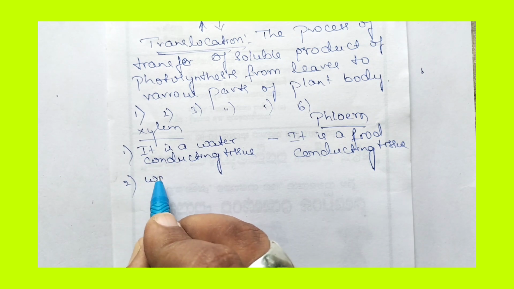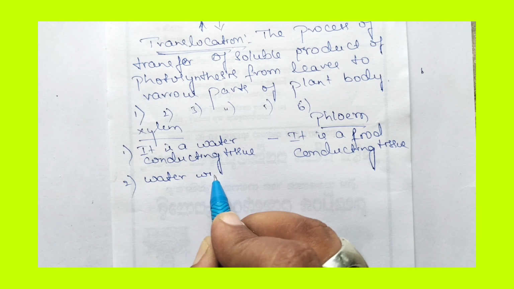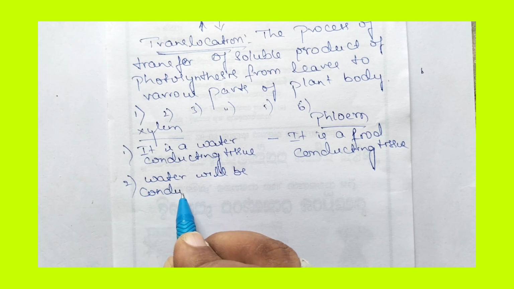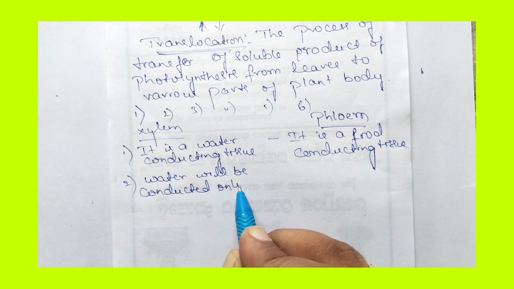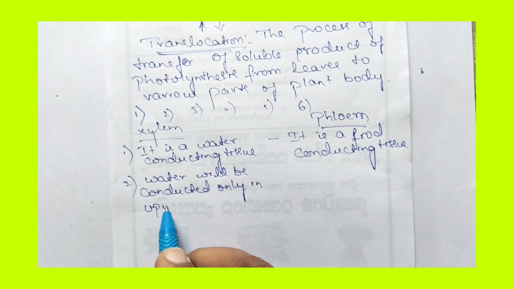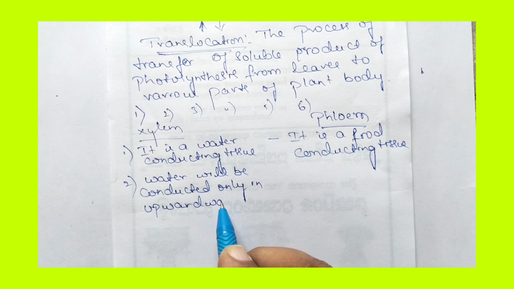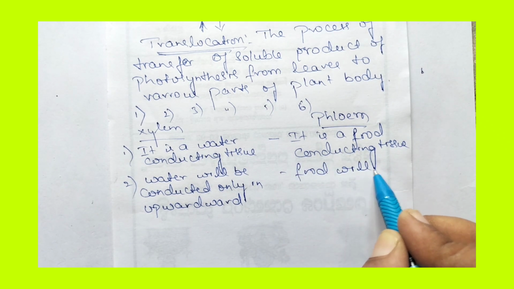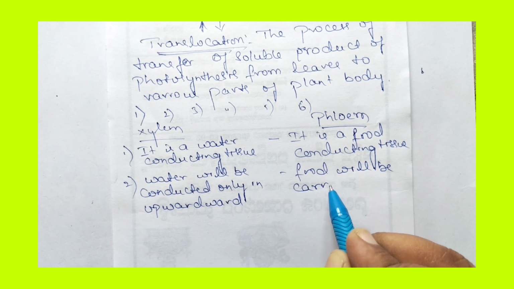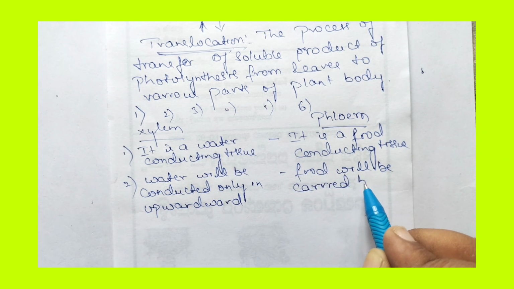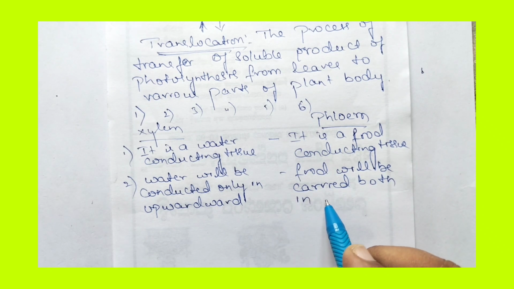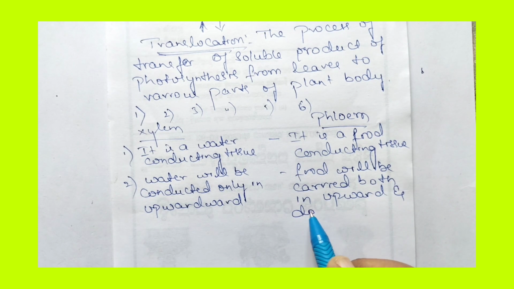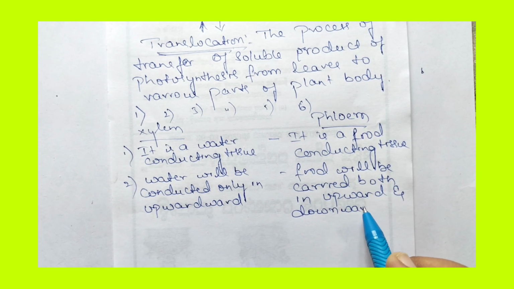So water will be conducted in xylem only in upward direction. In phloem, food will be carried both in upward and downward direction.